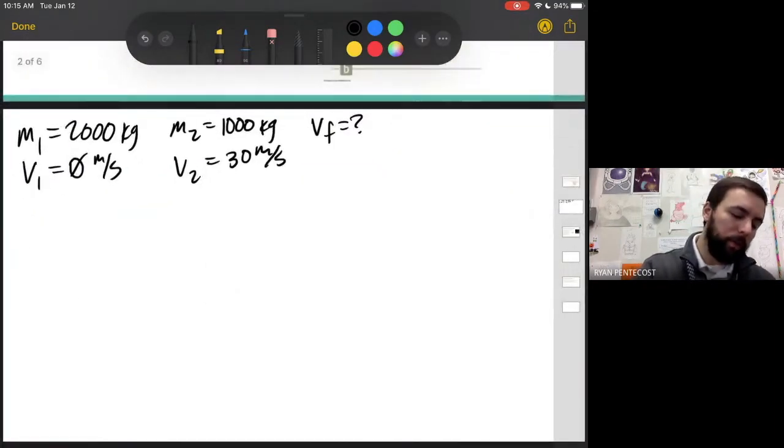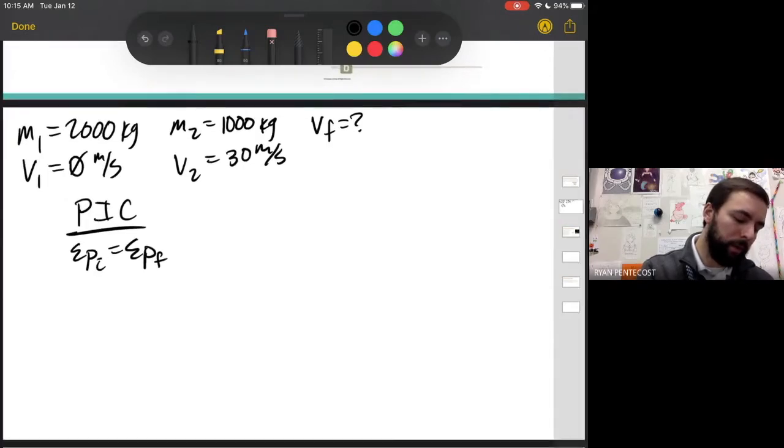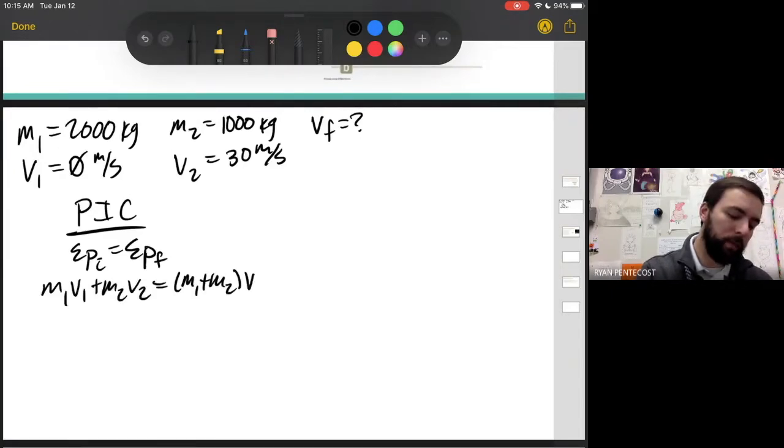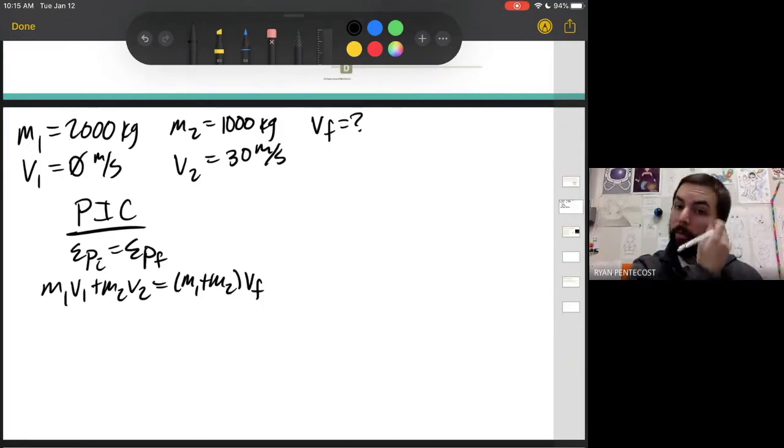So to look at a perfectly inelastic collision, we have to remember the summation of momentum initially equals the final momentum as well. We've got m1 v1 plus m2 v2. That's going to equal the sum of masses times one final velocity, because they're being combined, right?